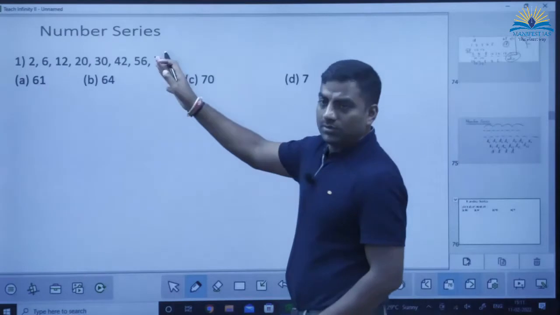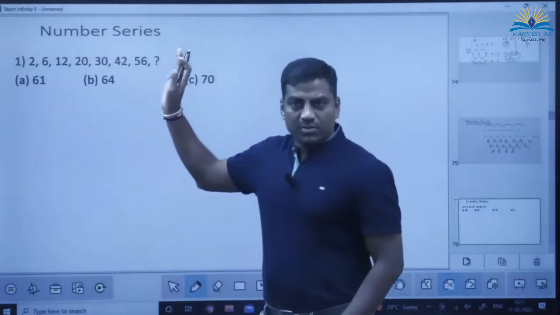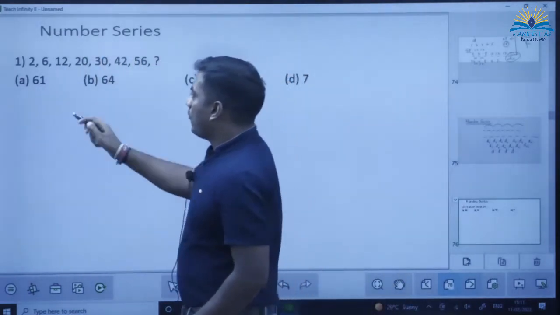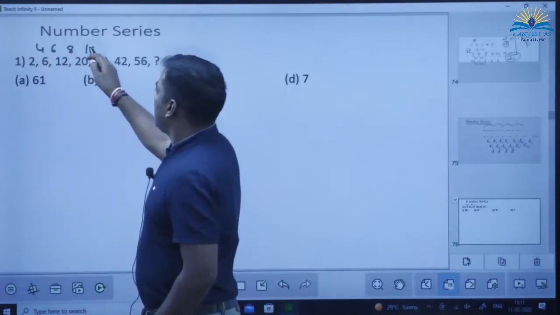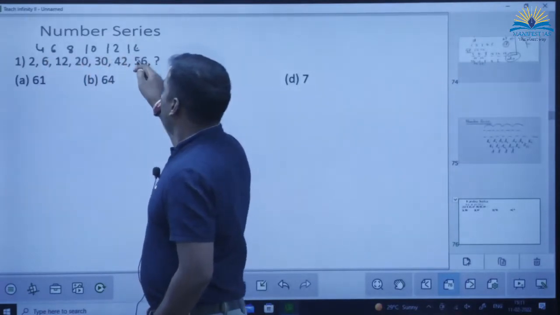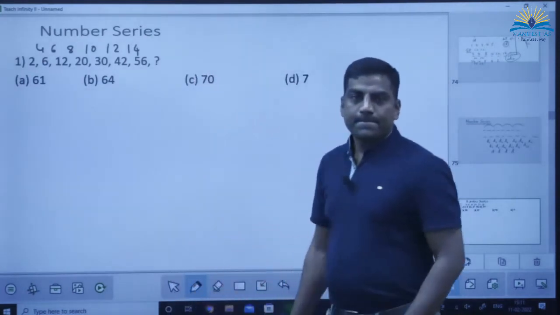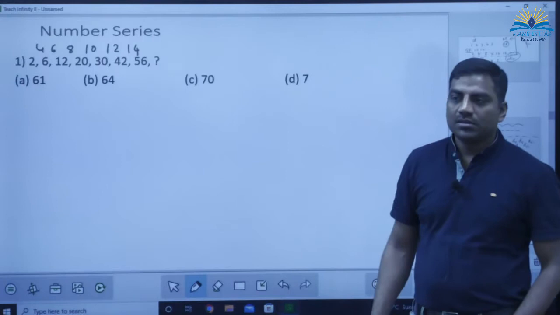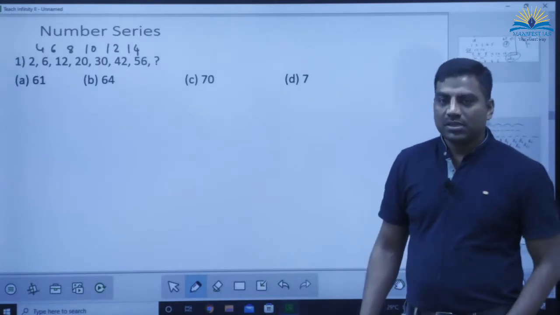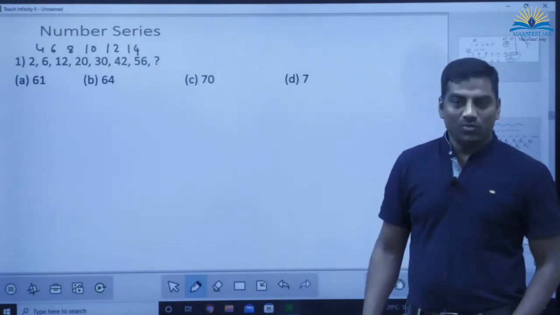Anyways, they are increasing, no? Increasing order. So 4, 6, 8, 10, 12, 14. What will be the next difference? The differences are in AP now.